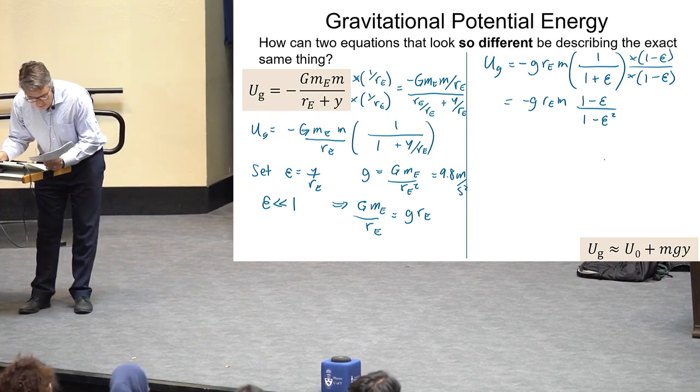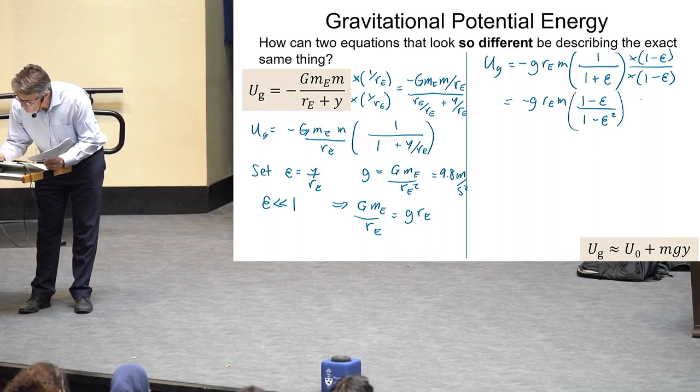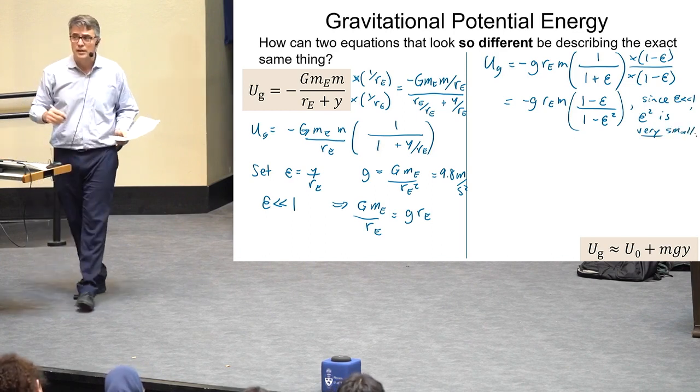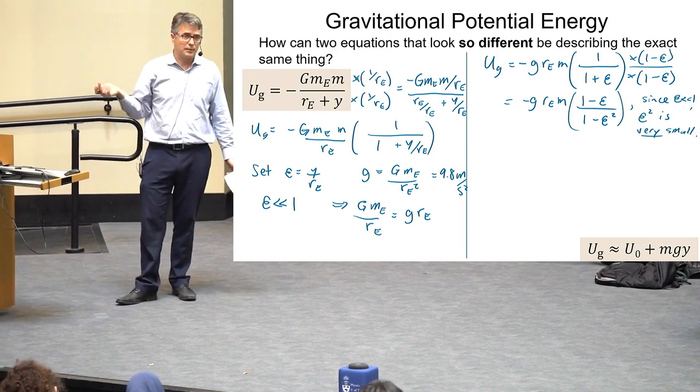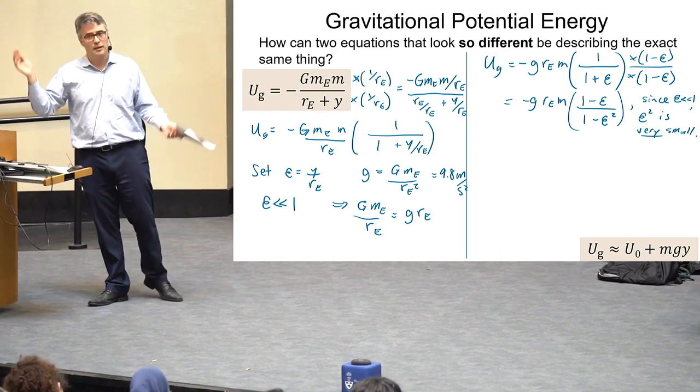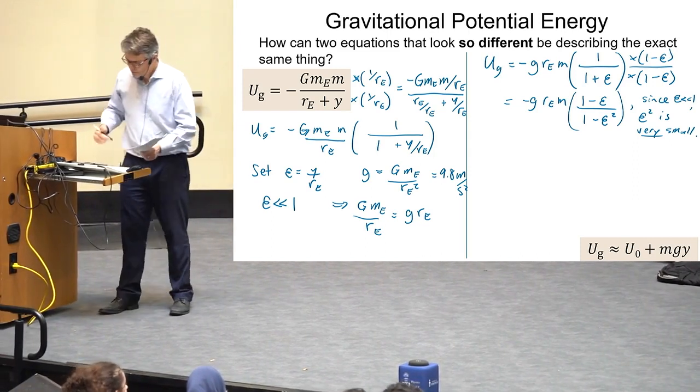The reason I did all this is because epsilon is much, much less than 1, so epsilon squared is very small. You can neglect it. That's what we tend to do with these epsilons: if we get something in terms of an epsilon squared, we just cross it out. Because if epsilon is small, epsilon squared is that much smaller, so we can neglect it.